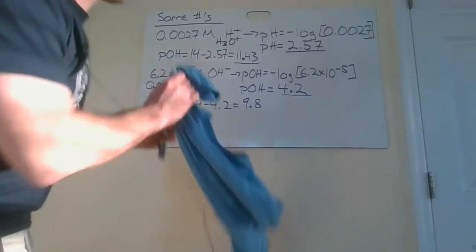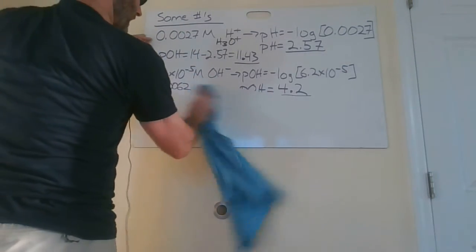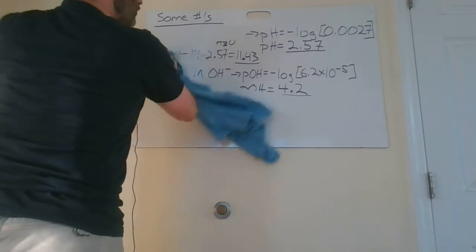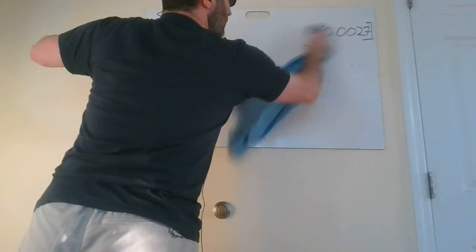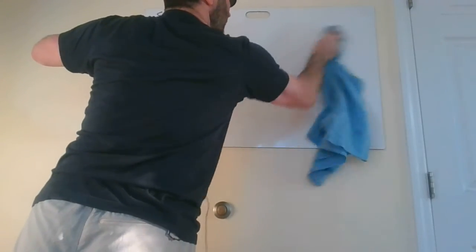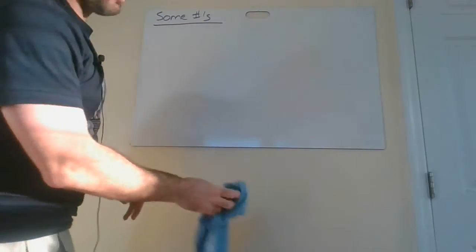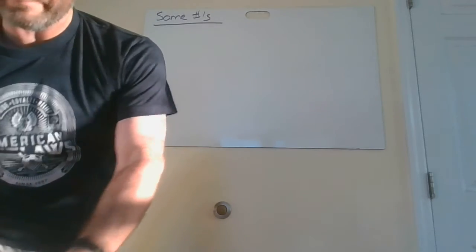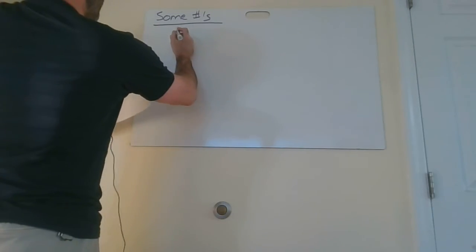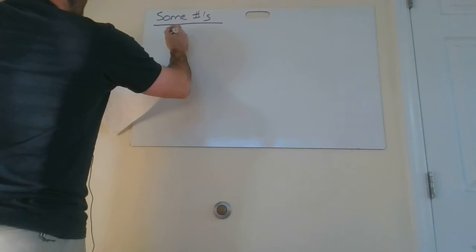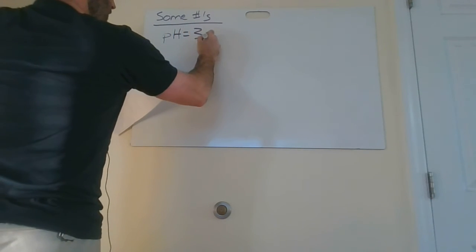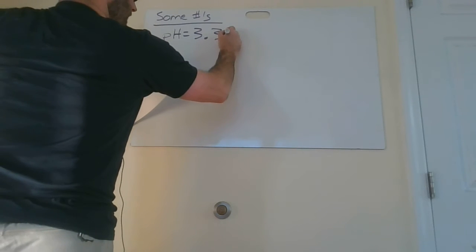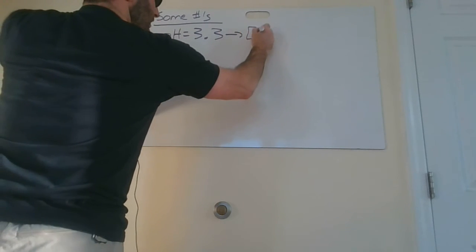So a couple of other things here. Let's show you the example of going from the hydrogen ion concentration to pH, or from pH to hydrogen ion concentration. Let's say you've got a pH of 3.3, and you want to get to H+.